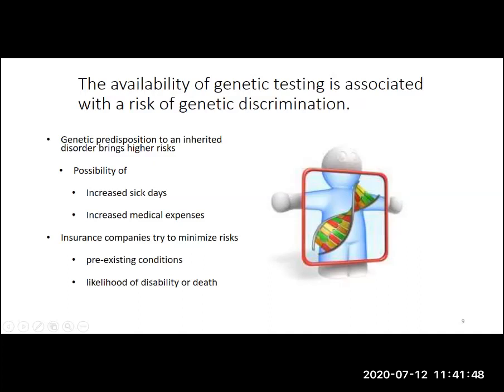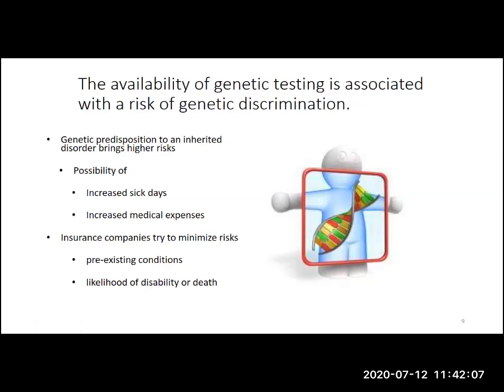And so if you have a genetic predisposition to an inherited disorder, it brings a higher risk at developing that disorder. So the example we had with breast cancer is if you have a BRCA1 mutation, it means you're at a much higher risk of getting breast cancer or ovarian cancer.